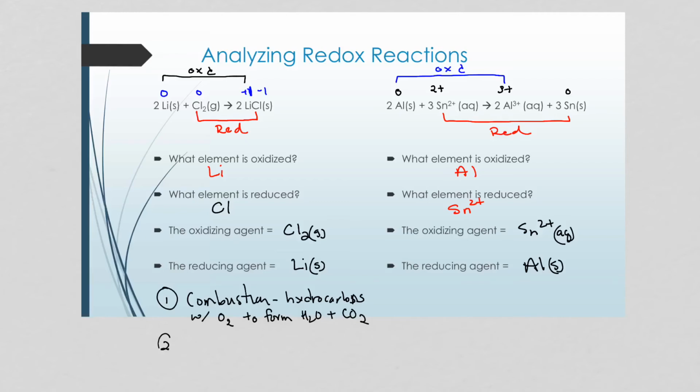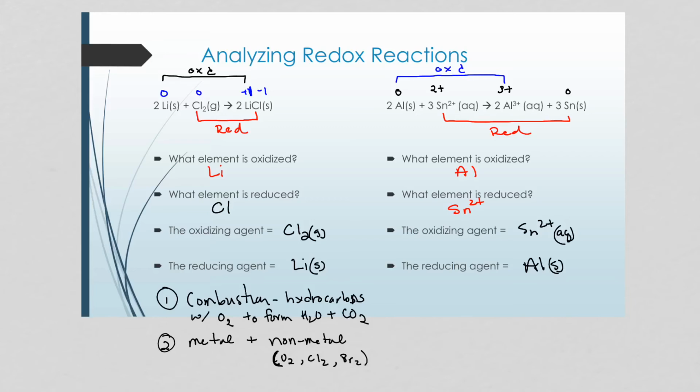A second class is the reaction of a metal plus a non-metal. And that non-metal might be something like O2, could be Cl2, Br2, right? Could be various non-metals, oxygen being a very common one, but also other non-metals as we saw, like chlorine.